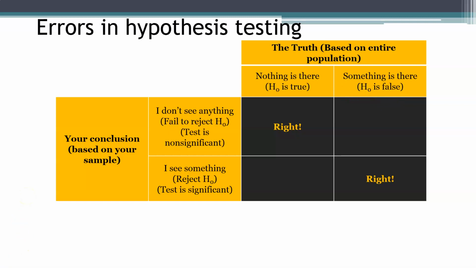Now, when we take a sample and collect some data and run our hypothesis test, the hypothesis test could detect that something is there, or it could not detect that something is there. So if the hypothesis test doesn't detect anything when nothing is really there, that's a correct conclusion. Or when the hypothesis test detects that something is there when something is actually there, that's a correct conclusion.